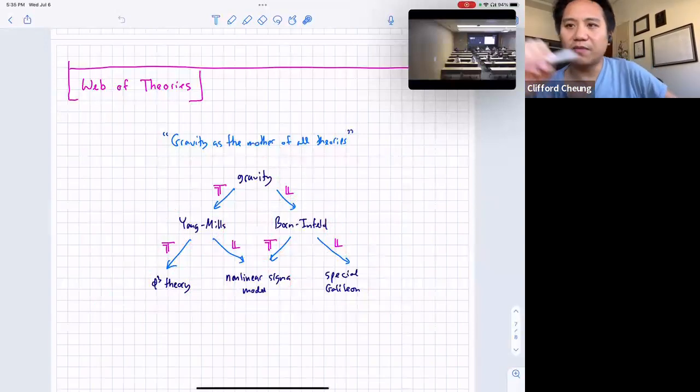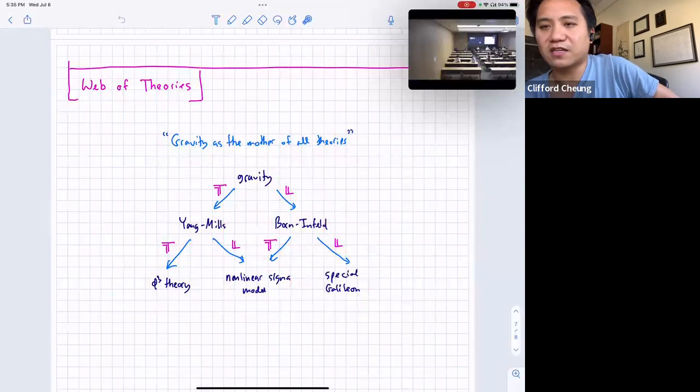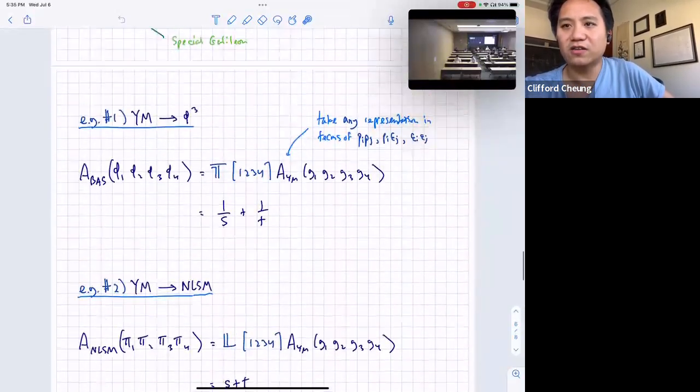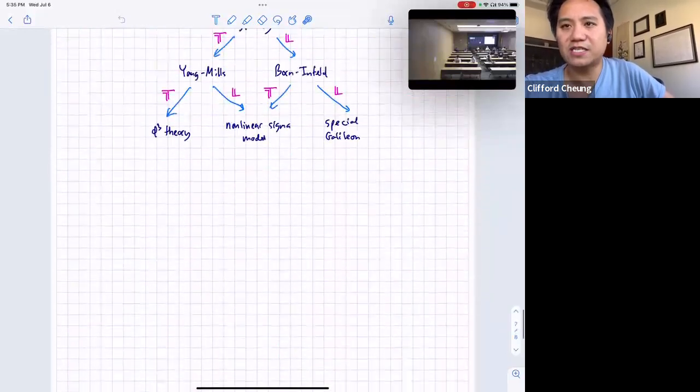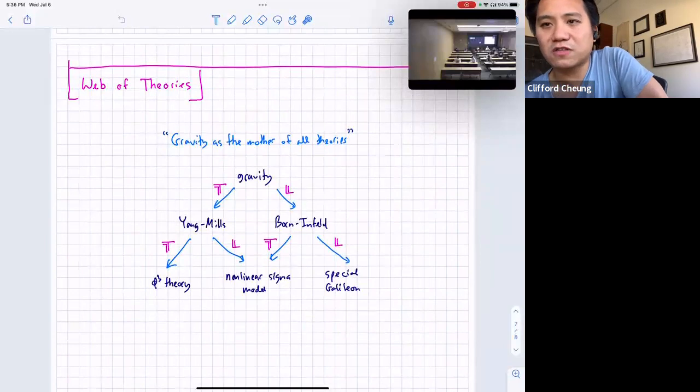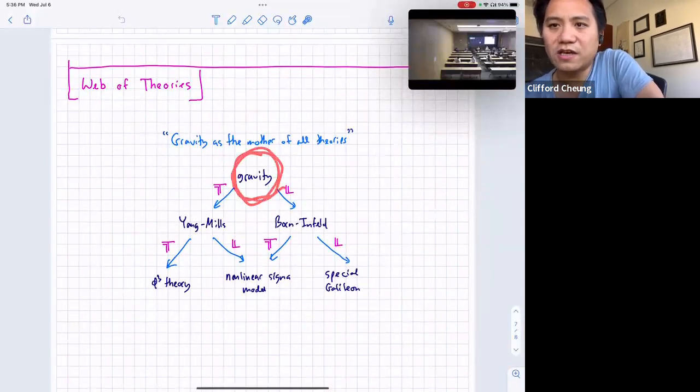Now, before I do that, let me just mention as an aside, I'm not going to go through this, but the amplitude statements that I showed here, all these differential operators, may seem very mysterious from an amplitudes point of view, but there's actually a partial understanding of this in terms of dimensional reduction. Some of these mappings are kind of obvious. If you take gravity in higher dimensions and you dimensionally reduce, you can clearly get Yang-Mills.